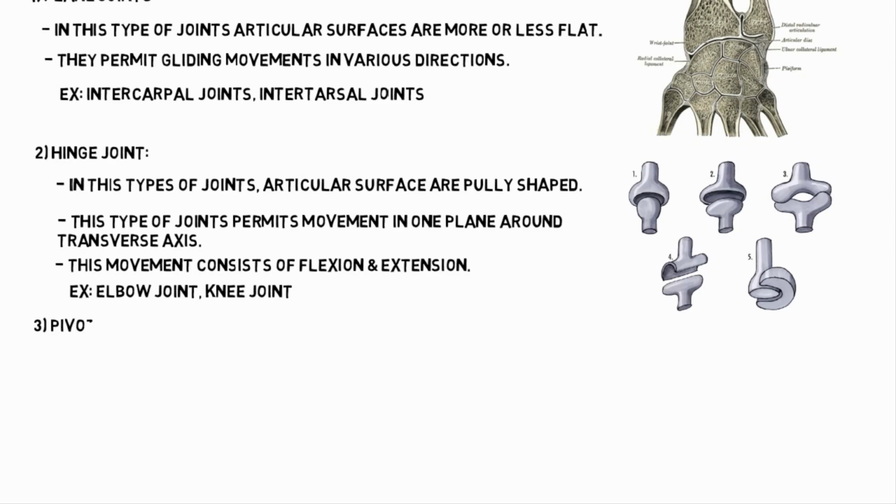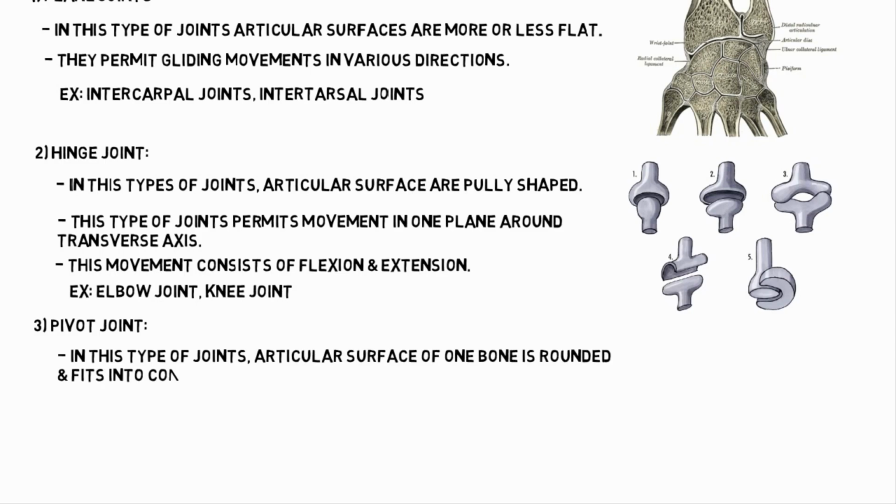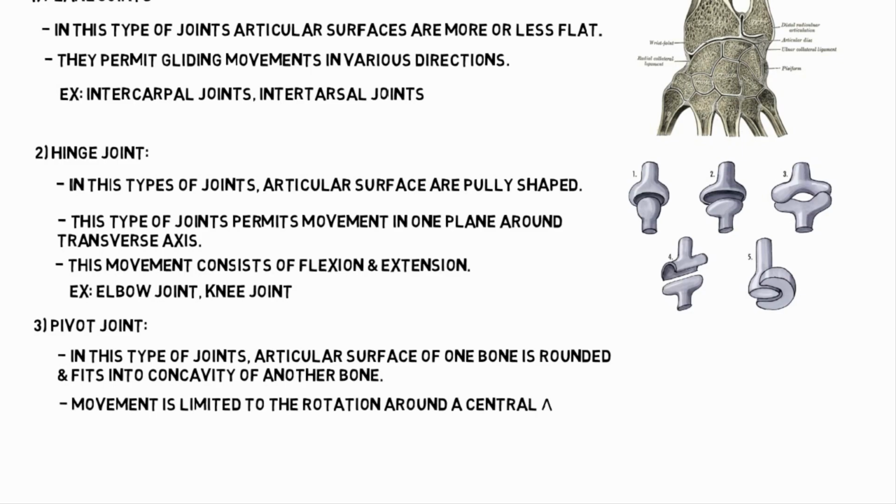Next is the pivot joint. In this type of joint, the articular surface of one bone is rounded and fits into the concavity of another bone. Movement is limited to rotation around a central axis. Example is the joint between the proximal ends of radius and ulna. Next is the condylar joint.